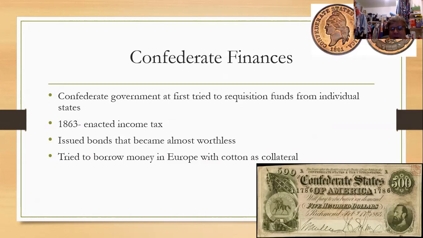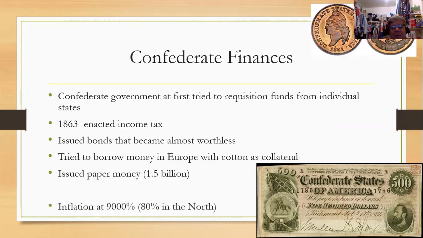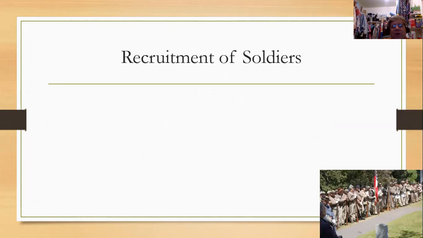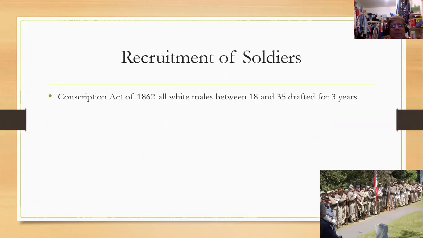They tried to borrow money from Europe without much success, using cotton as collateral because particularly Great Britain depended a lot on Southern cotton. They also issued paper money, and they had horrible inflation in the South. The North had pretty bad inflation, but the South had runaway inflation.